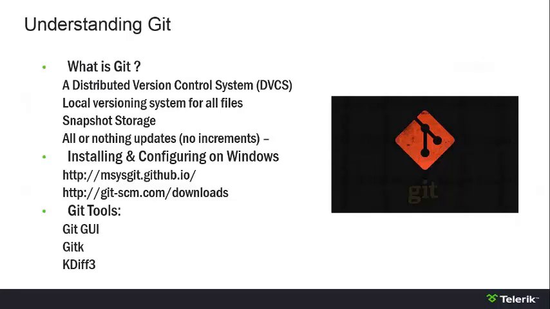So if you have 3 files and you say to Git that I want this snapshot to be available, or this version to be committed, Git goes ahead and creates a snapshot of the 3 files at that particular time, and so on and so forth, and it moves forward. In Git, you get all or nothing updates, which means everything just gets in.